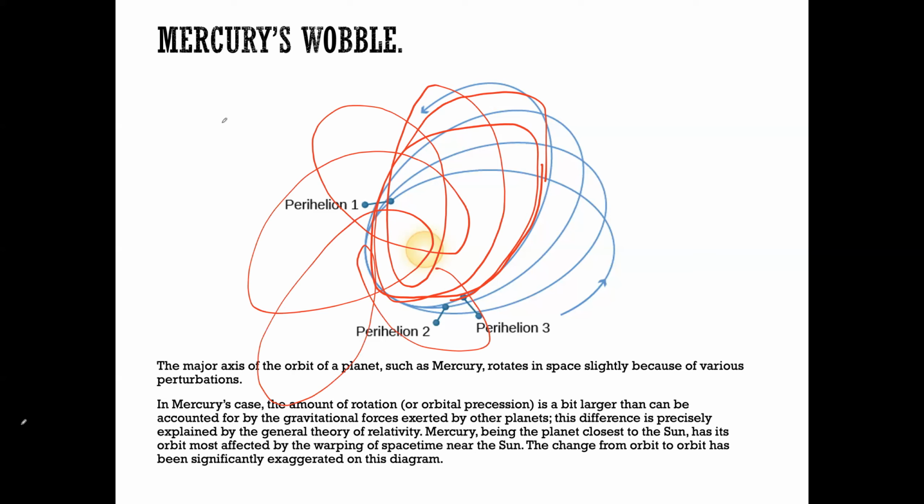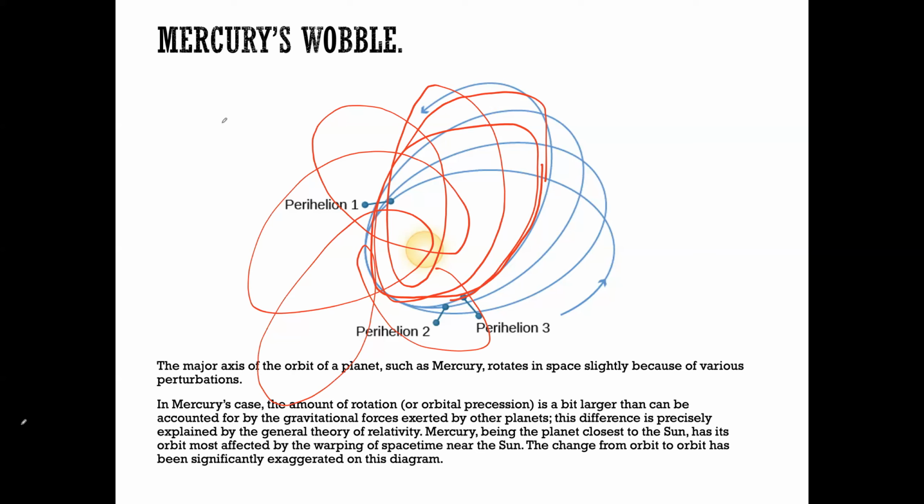And astronomers were not able to explain why this happens until 1916, when Einstein discovered this general theory of relativity, right? This is actually due to the huge mass of the Sun, and Mercury is very close to the Sun, and because of that, the curvature of space from the Sun causes this wobble.